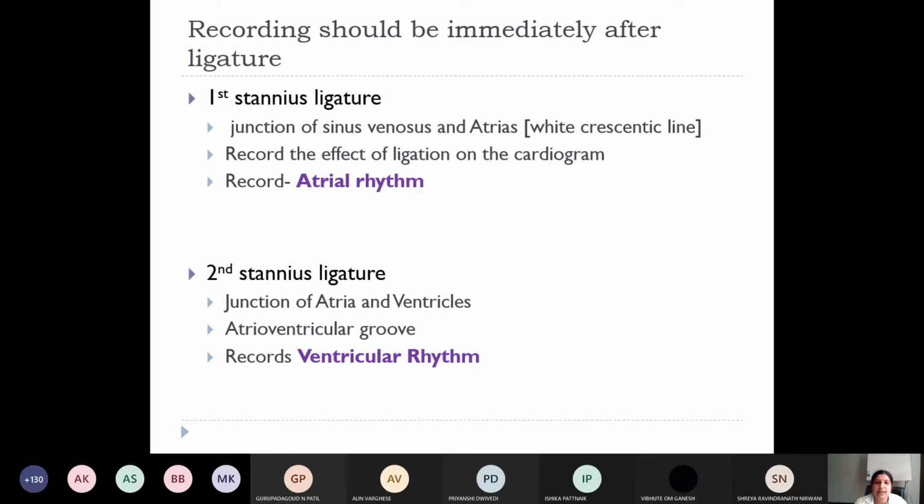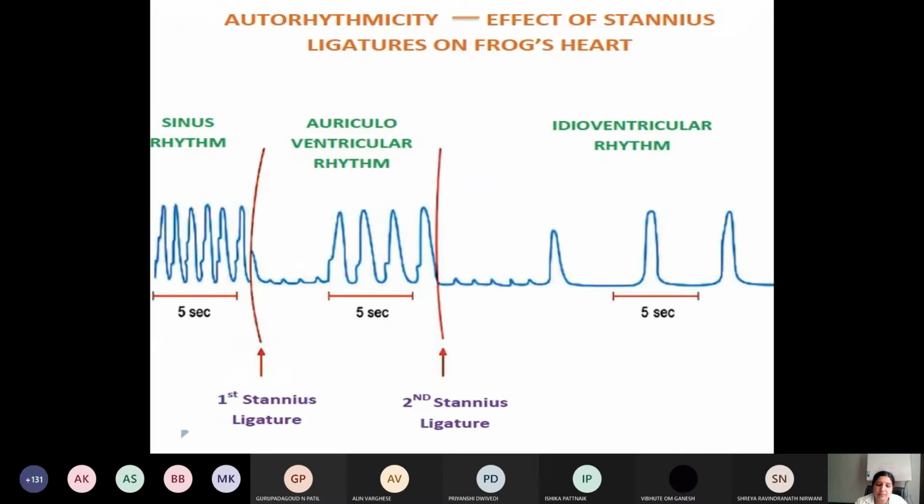You can imagine a diagram of the heart in front of your eyes, where the junction of atria and ventricle is. The ligature tied here is represented by the atrioventricular groove. You can make out a groove in the frog's heart, and the rhythm that comes out is called ventricular rhythm or idioventricular rhythm.